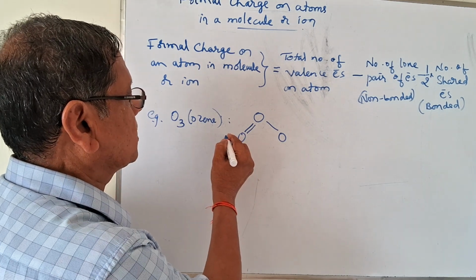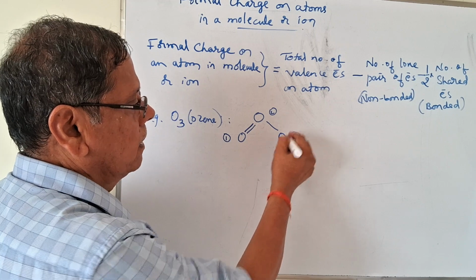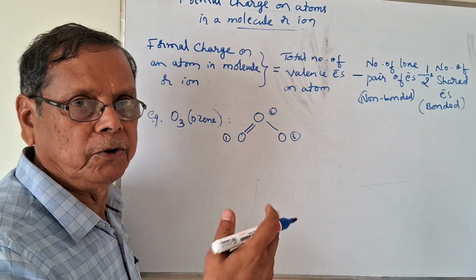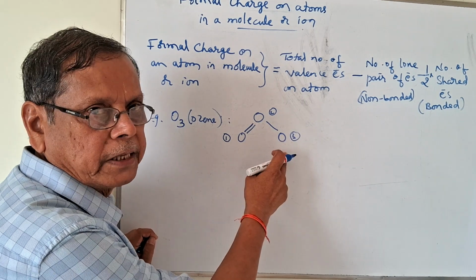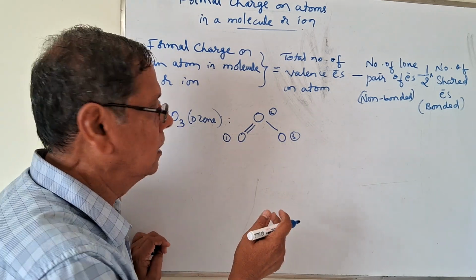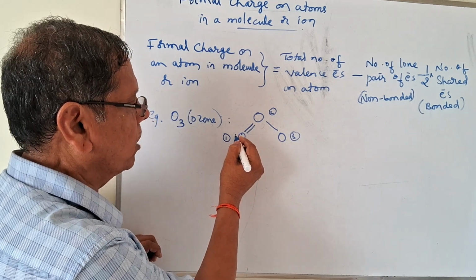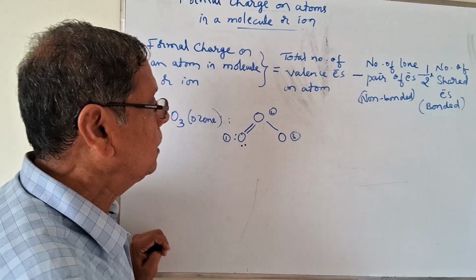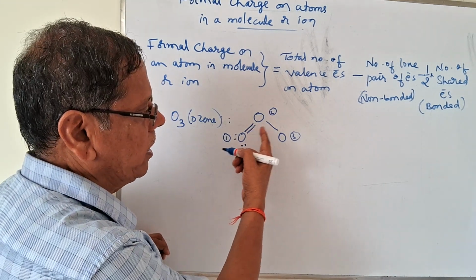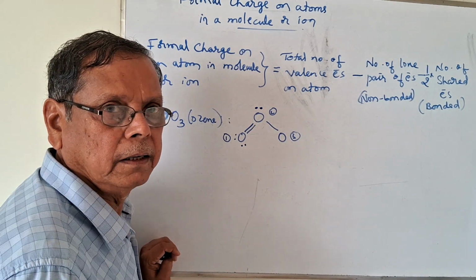Let me assign this number as 1 and this as 2 and this as 3. Now from the Lewis structure, each oxygen atom will have a certain number of lone pairs to complete its octet. Since 4 electrons are present as the bonded electrons, 4 electrons are present as the 2 lone pairs. Here 6 electrons are bonded, that's why 1 pair of electrons will be present as a lone pair.